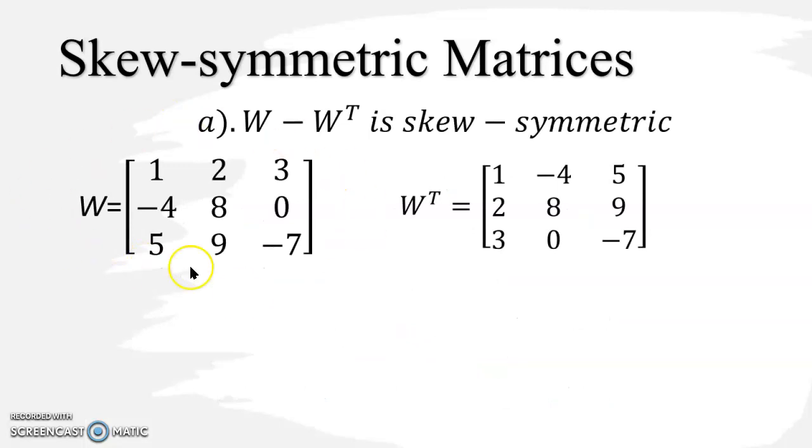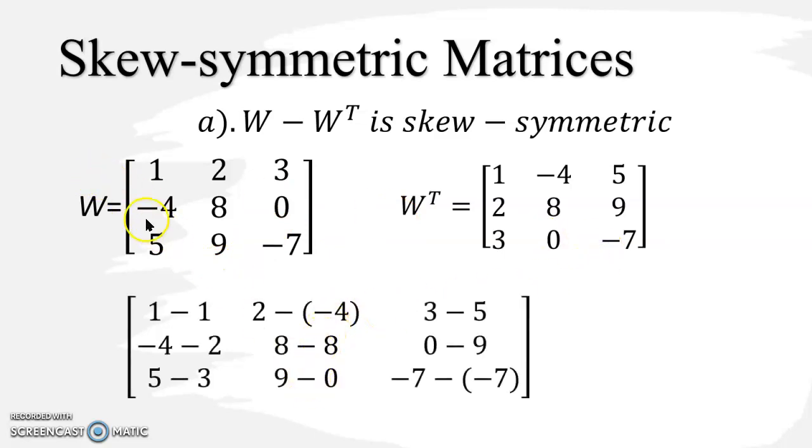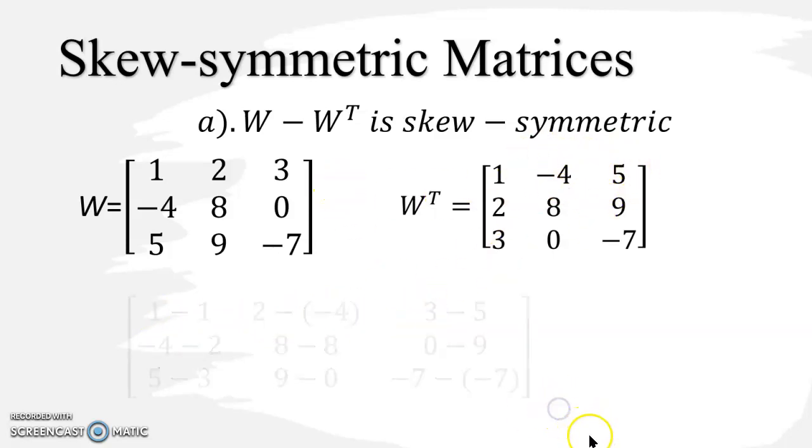So, back to my random matrix. I take the transpose. This is number A. So I take the transpose and subtract them: 1 minus 1, 2 minus negative 4, 3 minus 5, and so on.